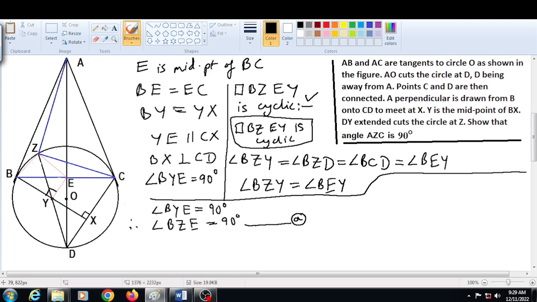So BZE is also 90 degrees because they are opposite angles of a cyclic quadrilateral, and opposite angles are supplementary. So opposite angles make up 180 degrees in total. Now, our task is to show angle AZC is 90 degrees. This is our task.